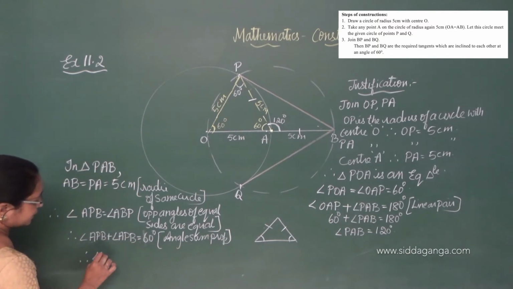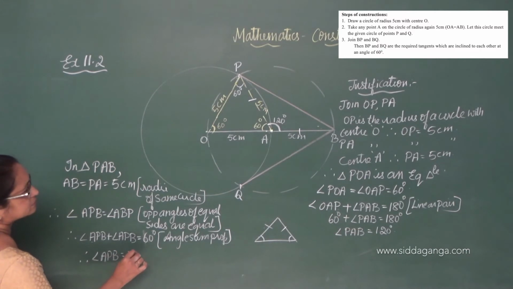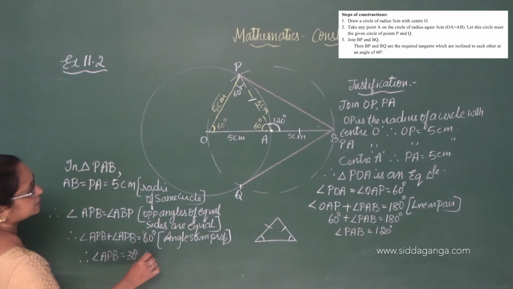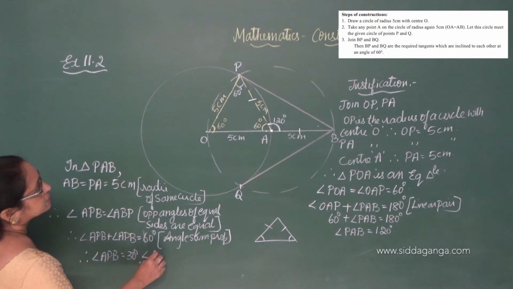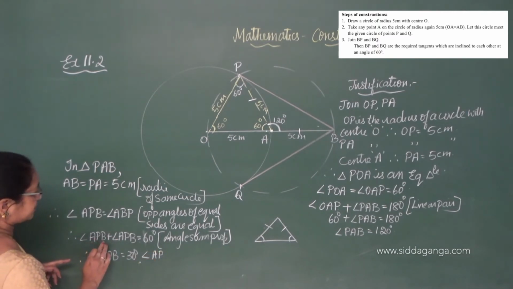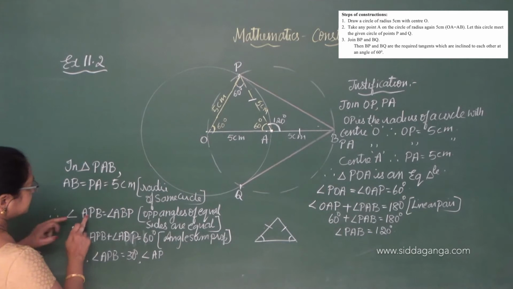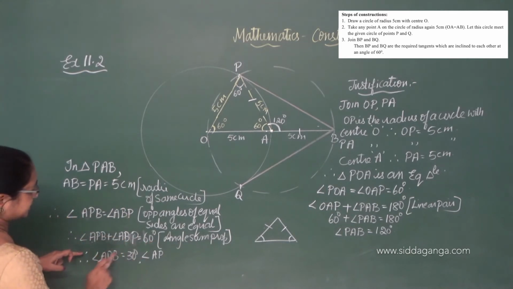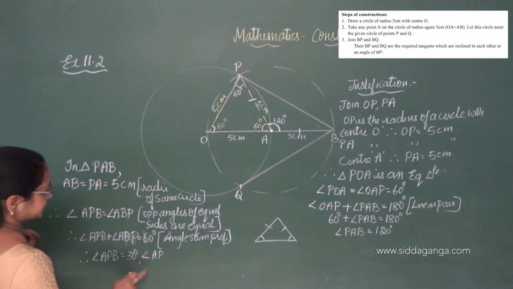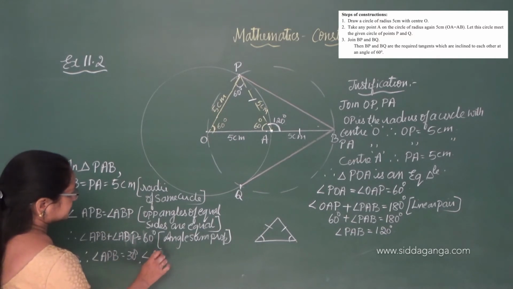Therefore, angle APB is equal to 30 degree and angle ABP is also 30 degree.